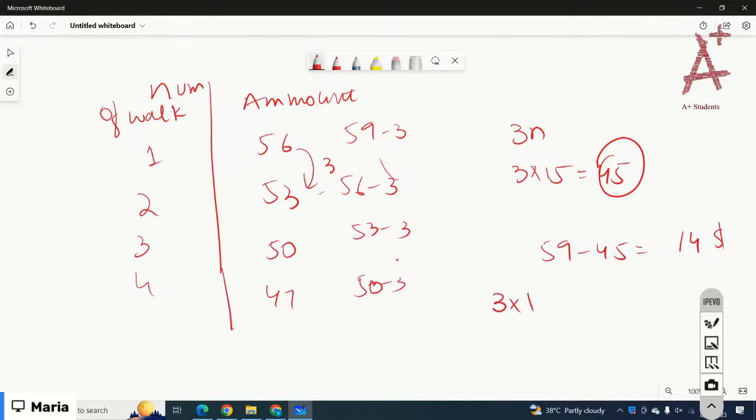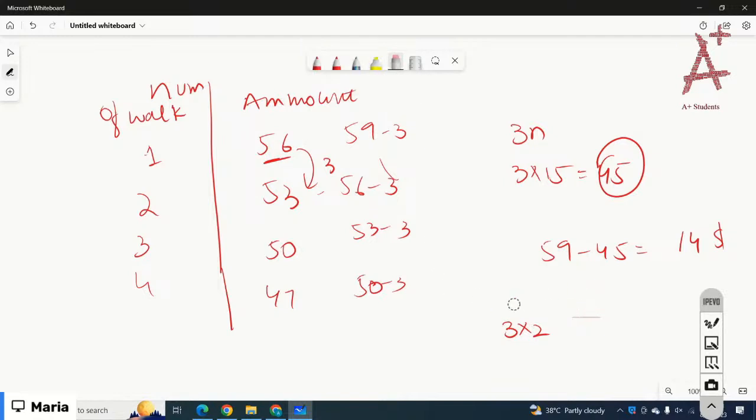Three times 1 plus 53, right? Because when you multiply 3 times 1, it makes 53. Then 3 times 2, you have to subtract, not add.